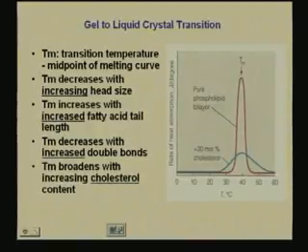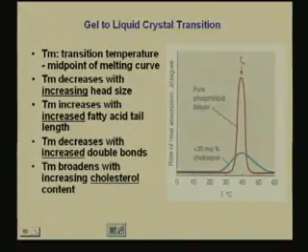We are looking at a phospholipid bilayer, and we are looking at the transition from an ordered state to a disordered state. We know that the lipid bilayer is comprised of different lipids, phospholipids, and there are different properties of these lipids associated with different types of polar head groups and different types of fatty acid chains. That is the difference.